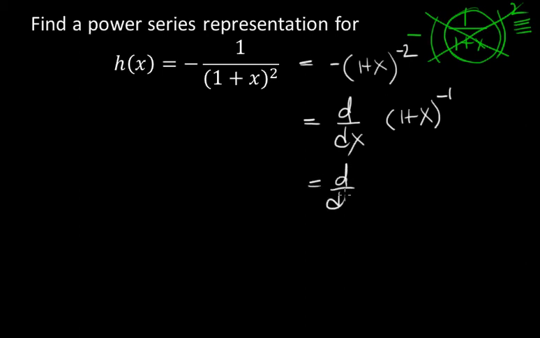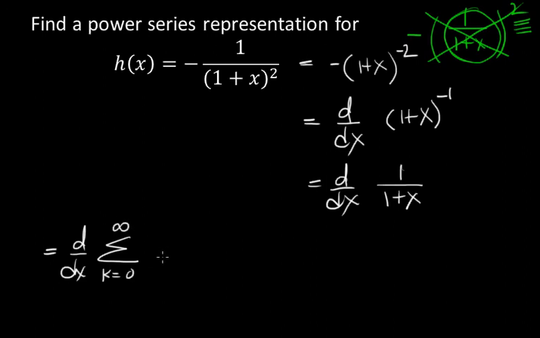So this is the derivative with respect to x of 1 over 1 plus x. And we do have a series for 1 over 1 plus x. Again, I'm going to write it with summation notation: the derivative with respect to x of the sum from k equals 0 to infinity of minus 1 to the k, x to the k.